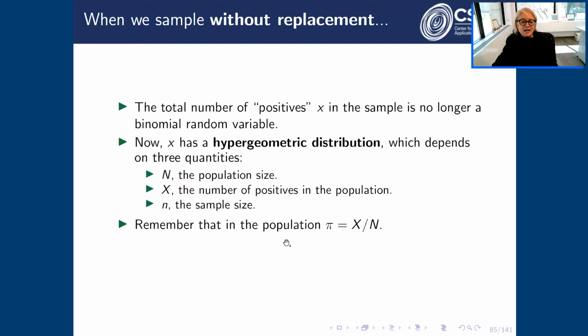We didn't have to know x and n separately in the binomial model; it sufficed to know the ratio of those two. So if we knew pi, we would be golden. Here we have to know x and n. If we know x and n, of course, we would know pi, but this is what this model depends on.